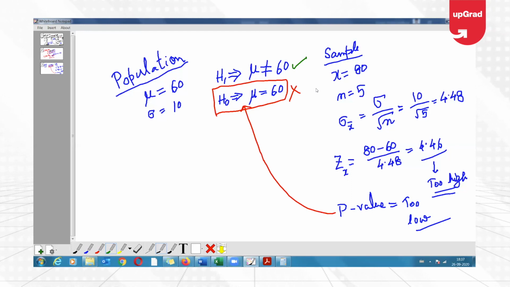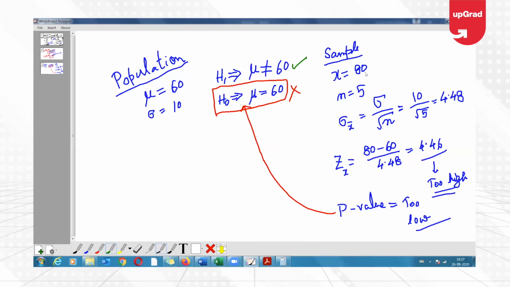Now let's try to make some changes to this and see how it works intuitively. If you think, 60 was the previous footfall with a standard deviation of 10, and here we found 80.